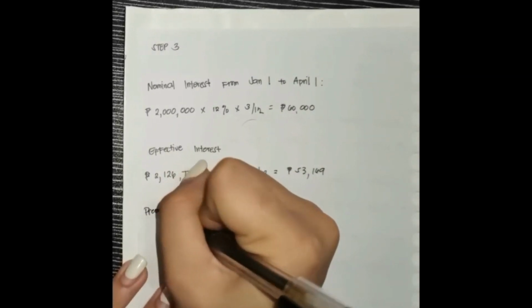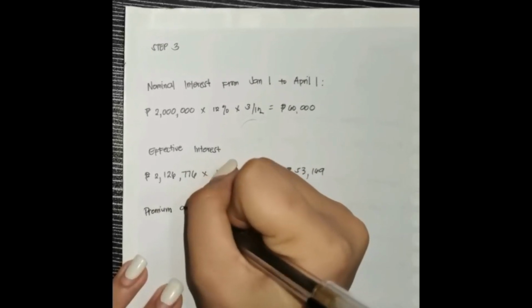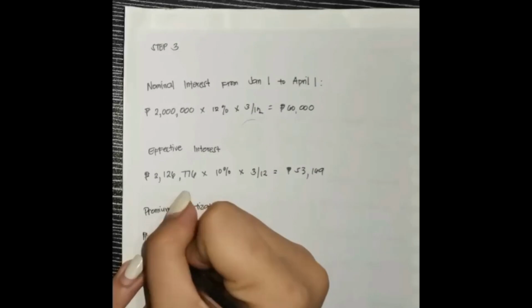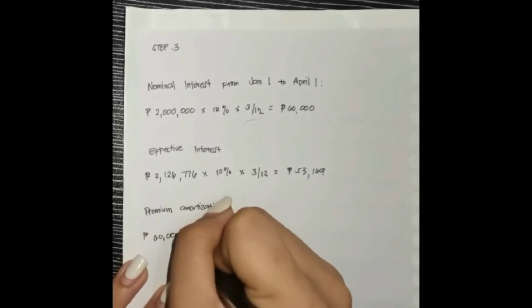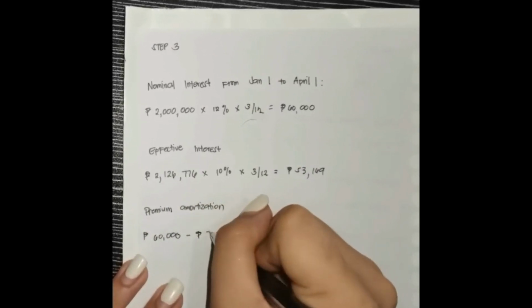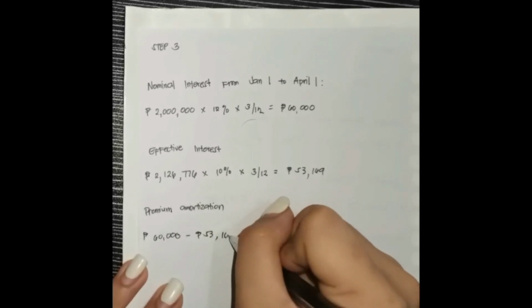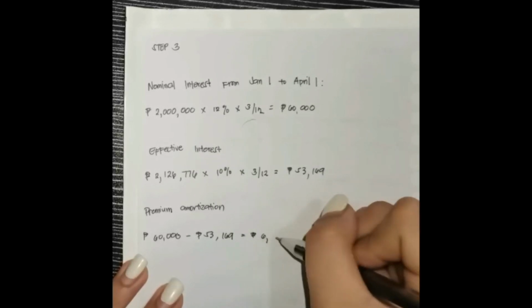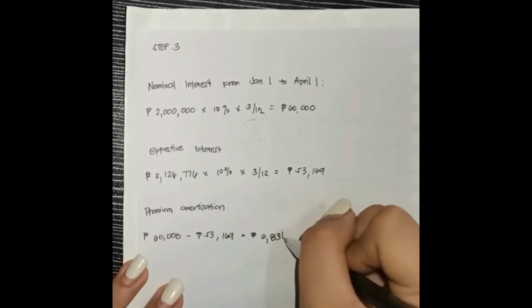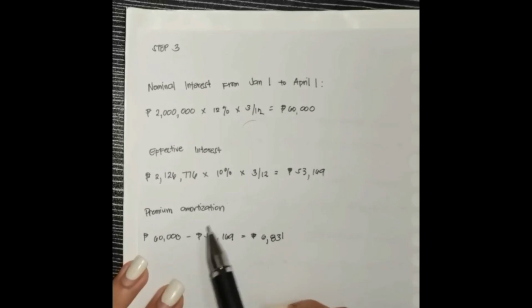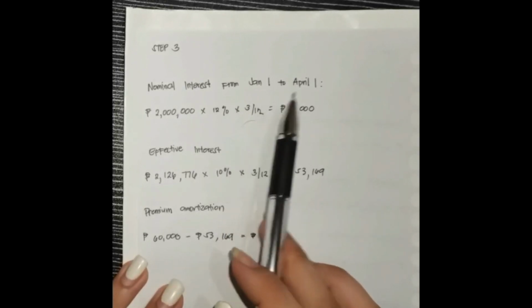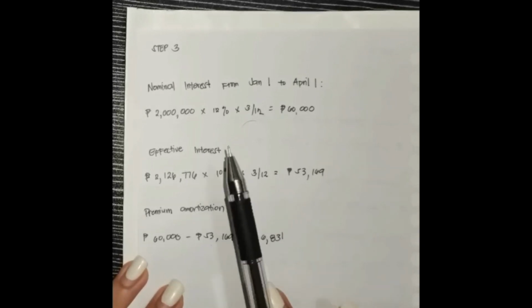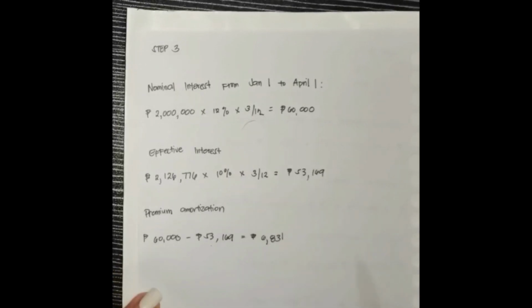Now let's have our premium amortization. So 60,000 minus 53,169 pesos, and that is equals to 6,831 pesos. 60,000 is our nominal interest from January 1 to April 1. 53,169 pesos is our effective interest.